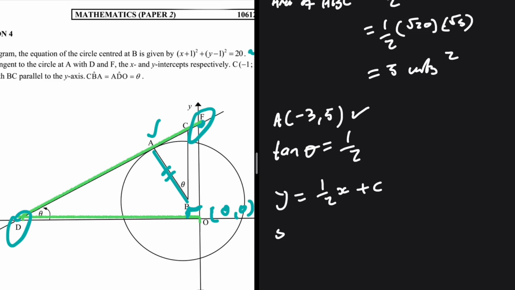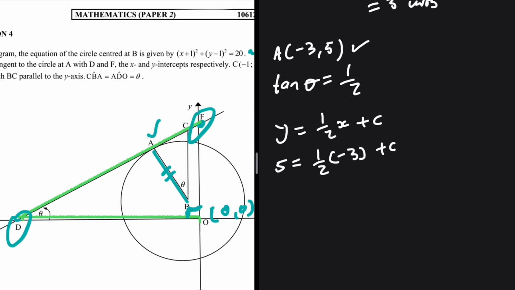So when I substitute A, y is 5, and then this is a half, x is -3 plus c. So 5 is equal to -3/2 plus c. So c is equal to 5 plus 3/2. 3/2 is 1.5.